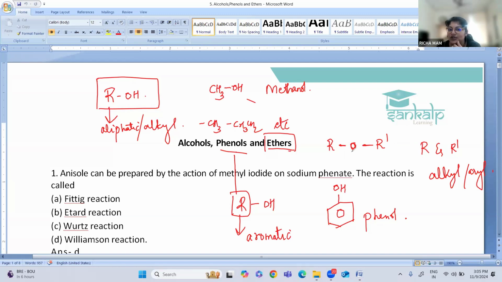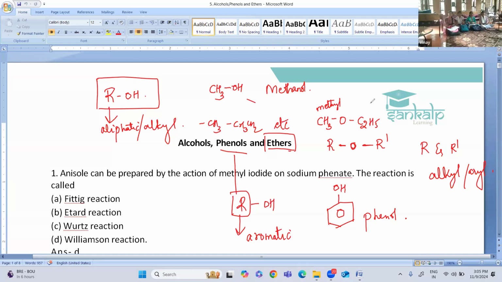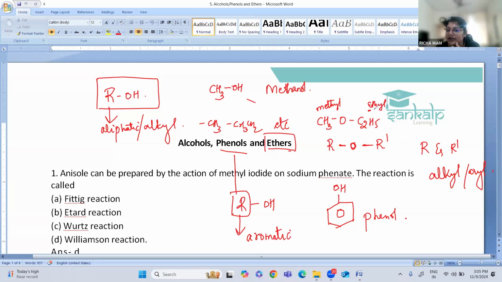ROR dash. Suppose I take R as CH3 and R dash as C2H5. So what will be the name? Now this is methyl, this is ethyl, right? First you have to follow the alphabetical order. So first will be ethyl, ethyl methyl ether.